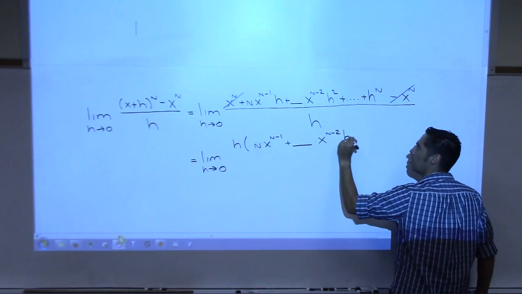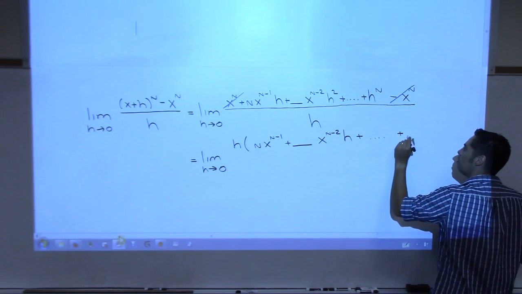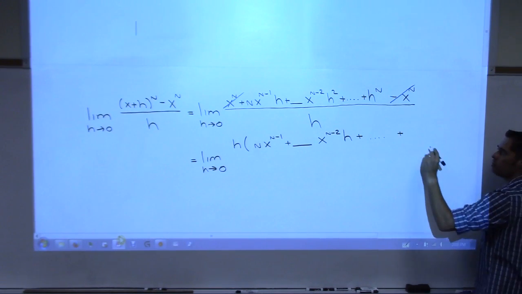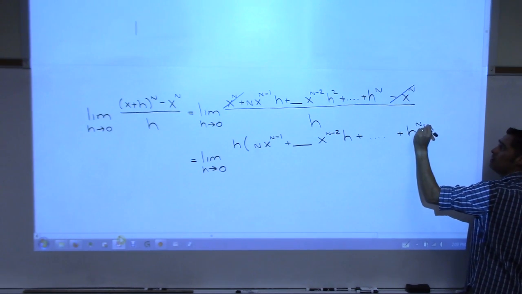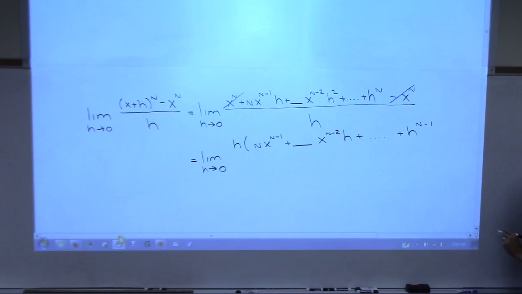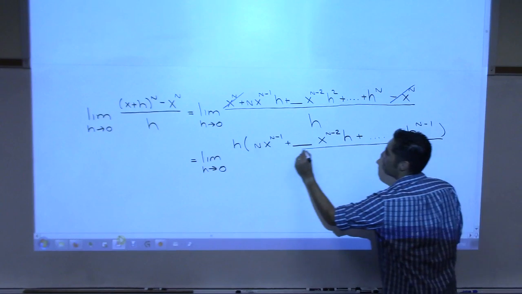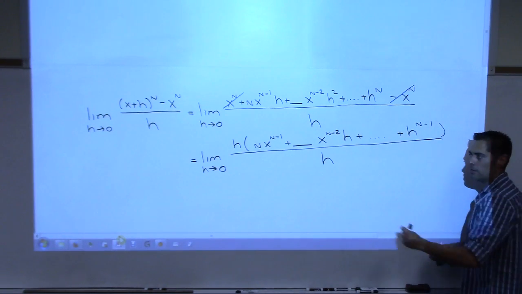So there's an h here, plus dot, dot, dot, all the way down to the last one, which I pulled a single h out, which would make that an h to the n minus 1. I took one away, right? So if that was 10, this is now 9. So take one away. All over h, and these h's cancel.